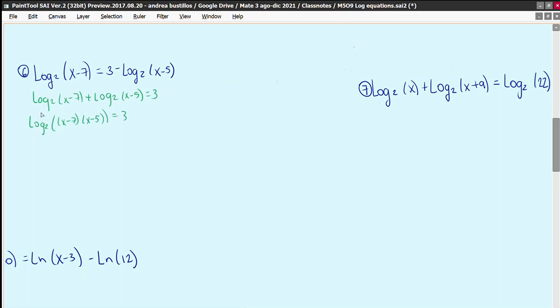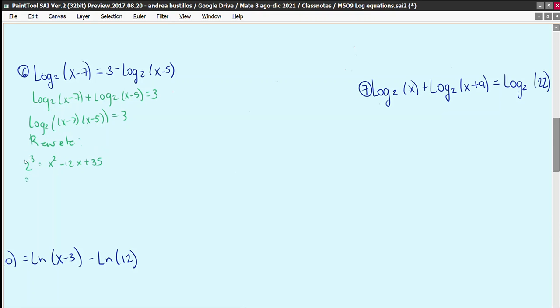And now that I have a single logarithm, I can rewrite it in exponential form. This is 2 to the power of 3 equals, I'm going to expand this, x squared minus 12x plus 35.